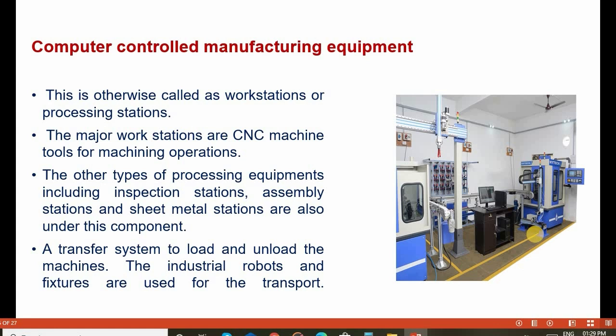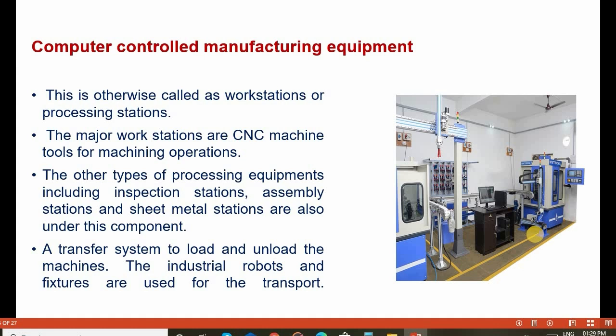The other types of processing equipments include inspection stations, which help in inspecting various parameters, assembly of various products and parts, and sheet metal operations in the stations. These also come under the component called computer controlled manufacturing equipment.